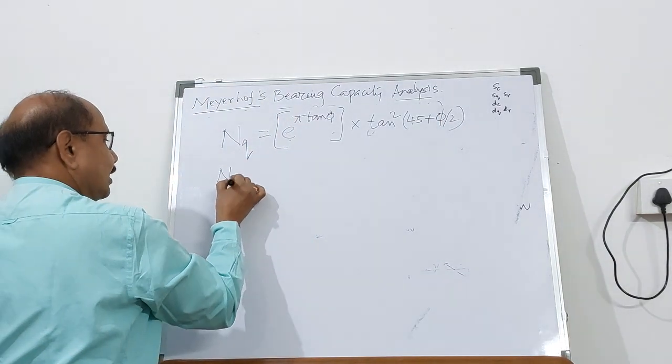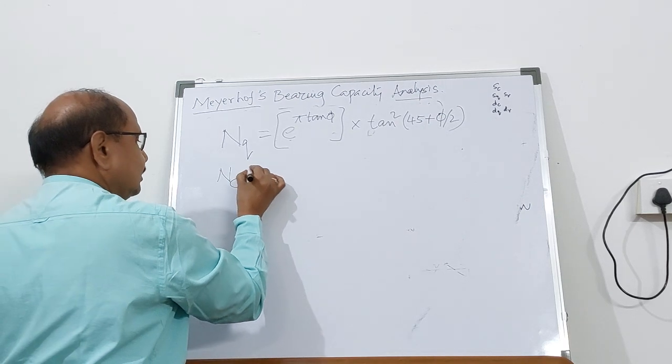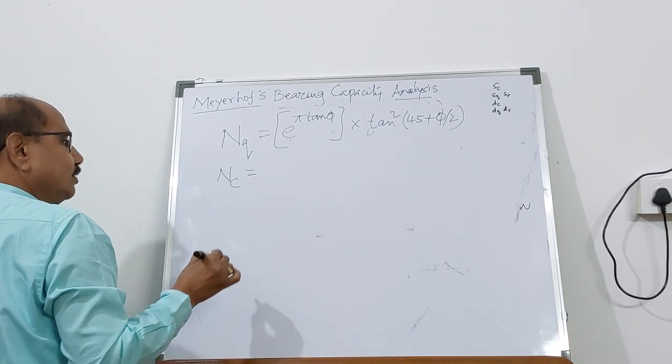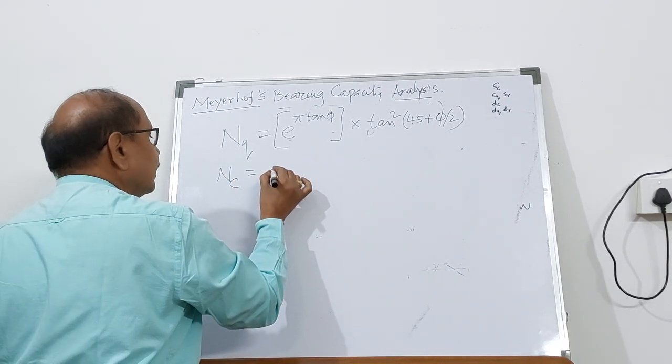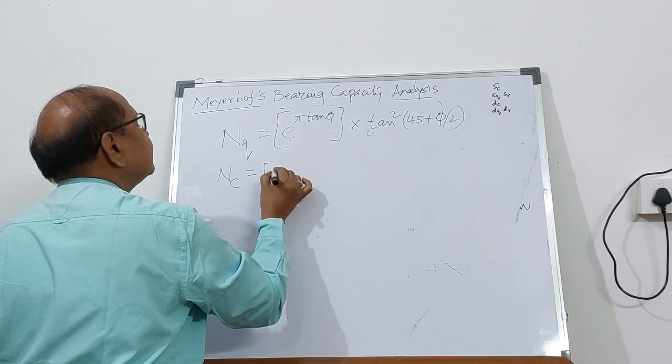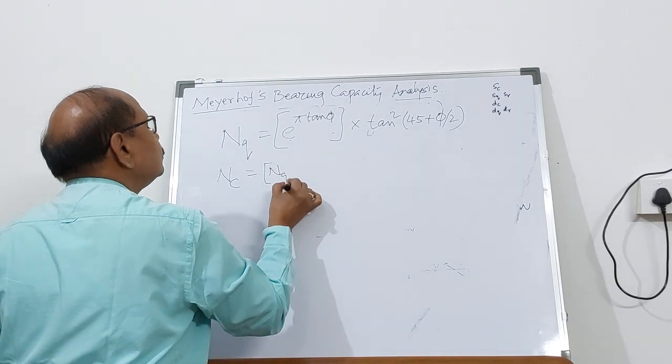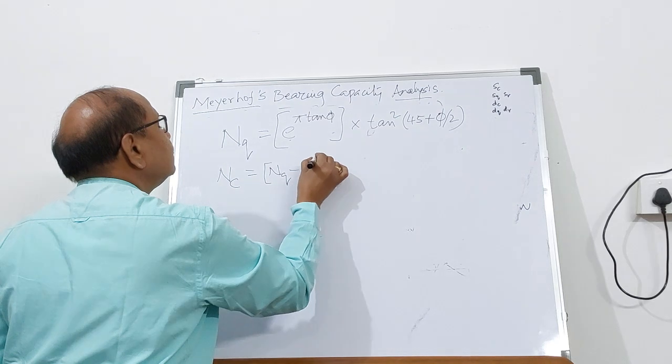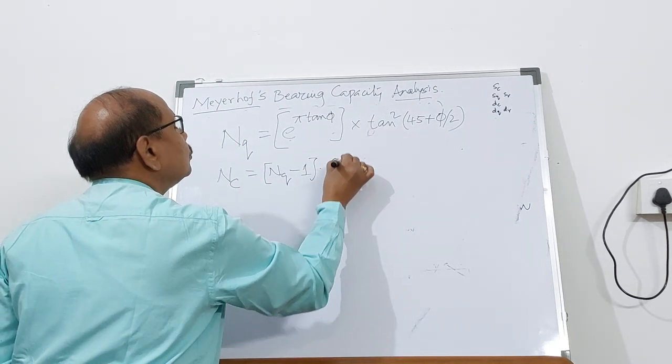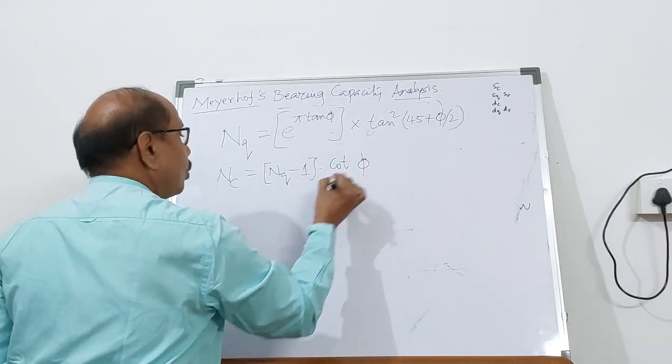And N c, another bearing capacity factor, will be given as N q minus 1 into cot phi.